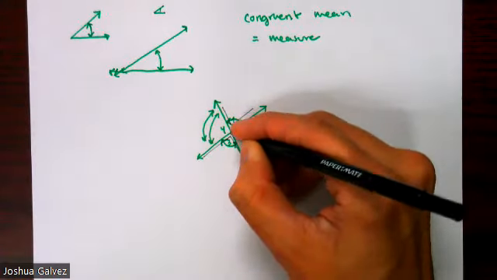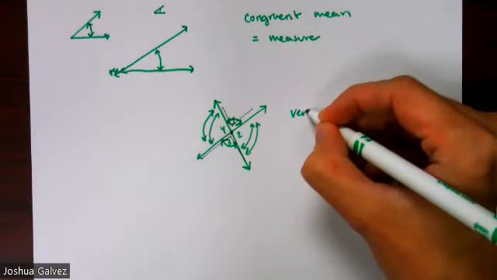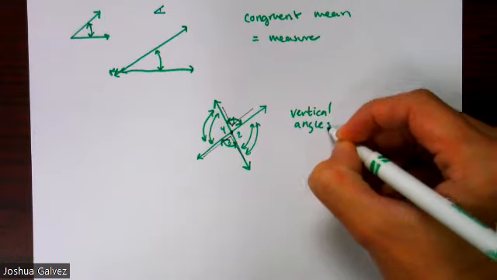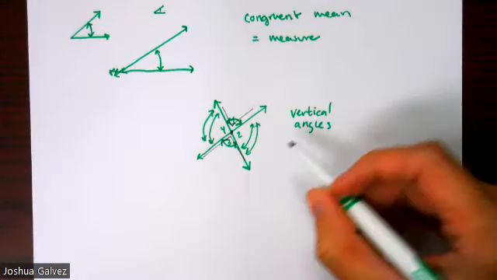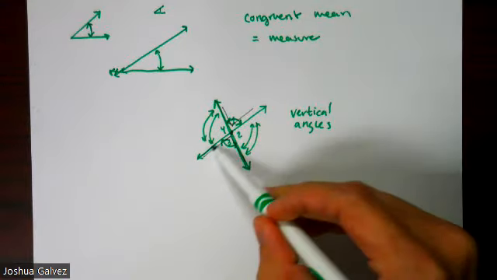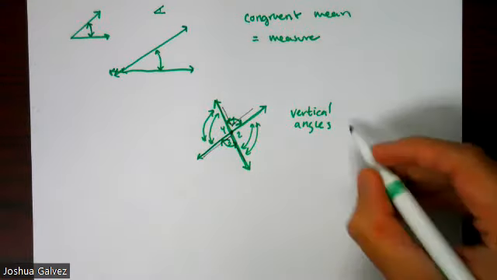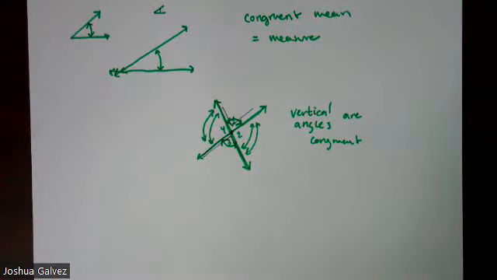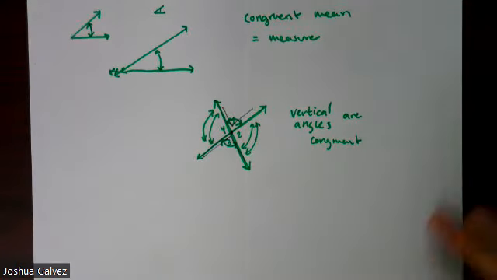So we call these vertical angles because the vertex is the only thing that's overlapping. And remember that this is one continuous line and this is another continuous line. So vertical angles are congruent. That's one of the facts that you're going to be using here to justify some other statements. So vertical angles are congruent.